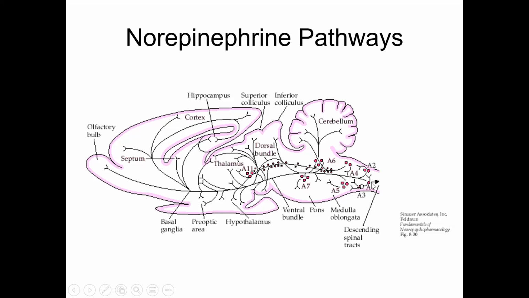So the A1 cell group is found around the nucleus tractus solitarius, and the vast majority of these A1 cells project down into the spinal cord, and they innervate all three different parts of the spinal cord.